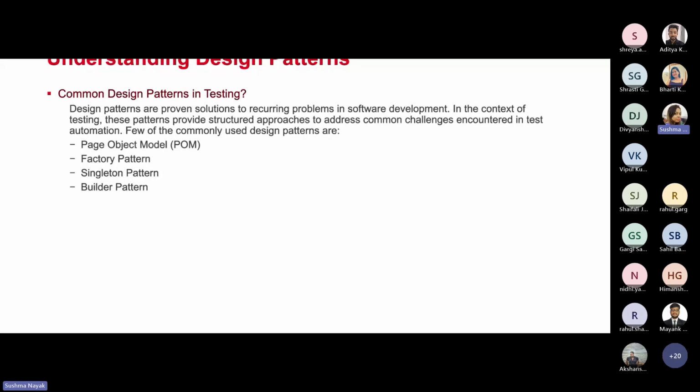I think each and every automation tester might be aware of this term. Page object model is also called POM, and it is a pattern used primarily in UI testing to represent web pages as objects. Here everything is treated as an object.